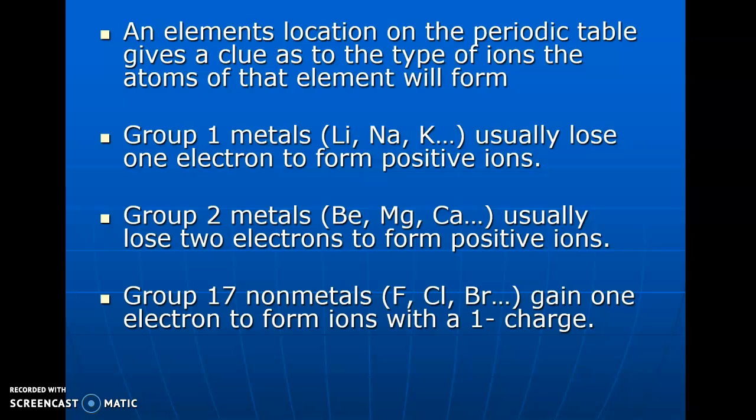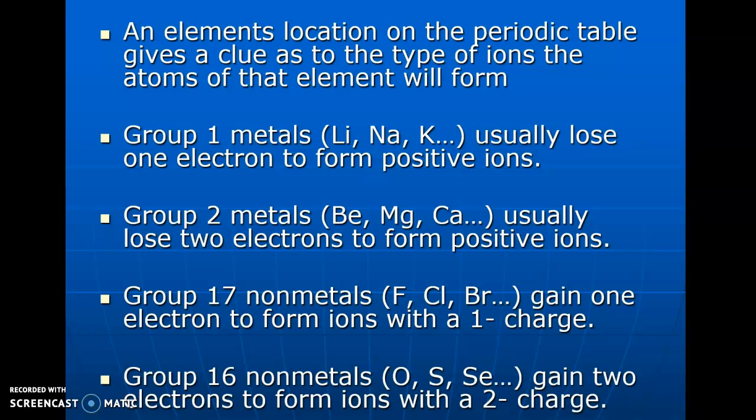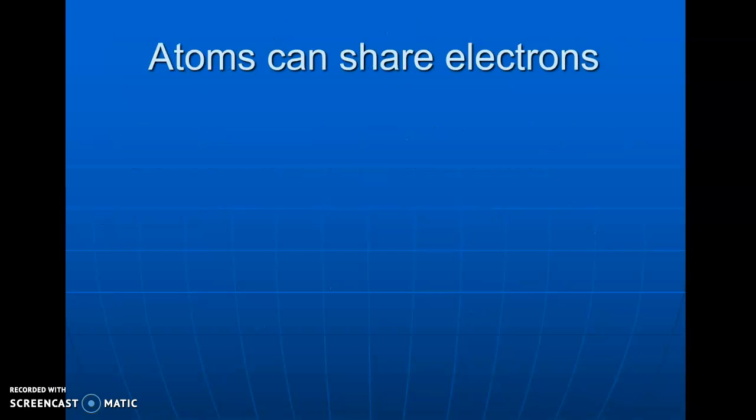Then on the other side of the table, we had the halogens, group 17, that wanted to gain an electron in order to complete its valence shell, and they were forming negative 1 ions. And group 16, that's oxygen's group, with their 6 valence electrons needed only to gain 2, and that meant they would end up with a -2 charge.